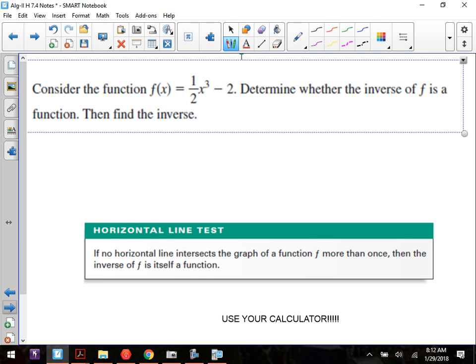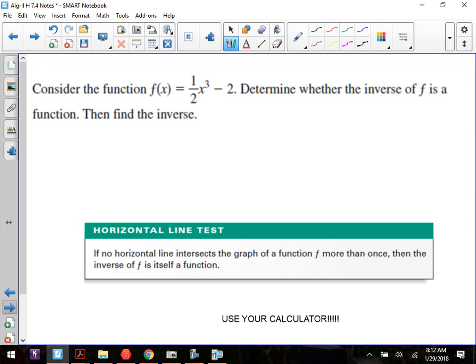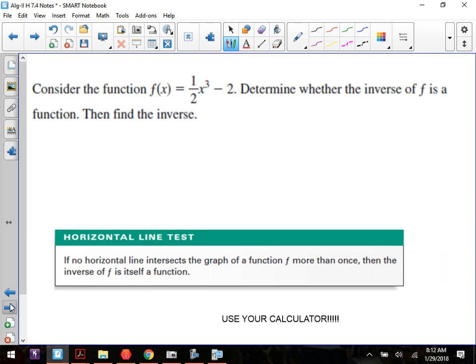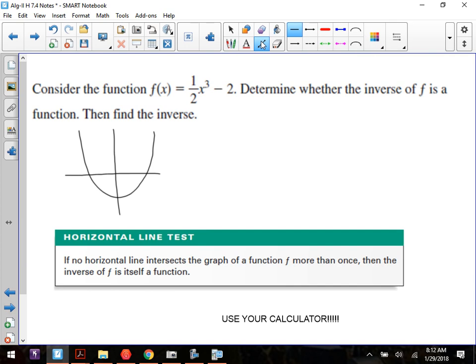If you remember, we talked about this last week, when you graphed something, we took what was called the vertical line test. Remember that? If you could take a vertical line through a graph and it touches one spot all the way around, we knew that it was a function.